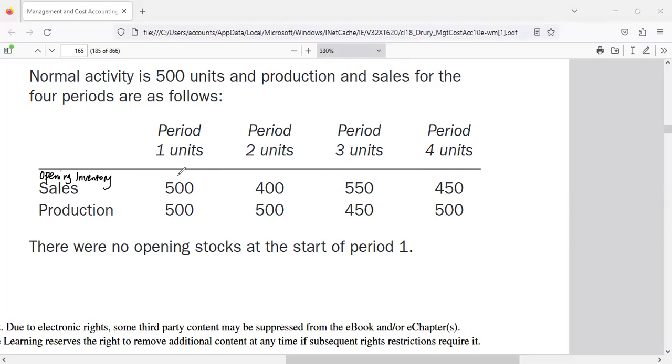In period 1, there was no inventory. But remember the sales, since we are selling, we have to get the opening inventory plus production, then we minus the sales. So these sales have to be minused. I want to show you how we can get our closing inventory.